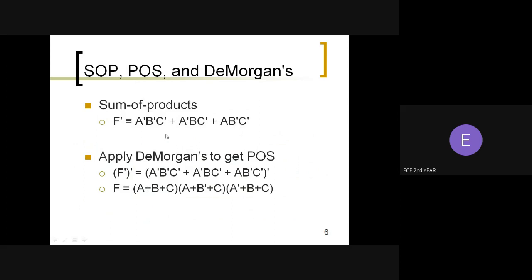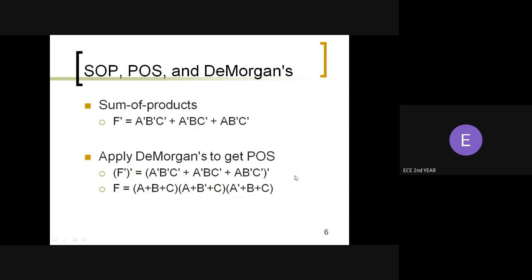Let us see how to convert this particular Boolean expression to POS by applying De Morgan's rule. By applying De Morgan's rule, you have to apply the inversion for all the terms that are present here. You see here, A bar B bar C bar plus A bar B C bar plus A B bar C bar, the whole bar.